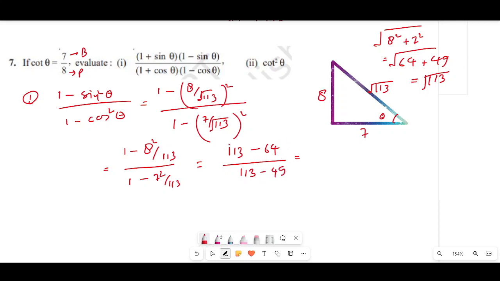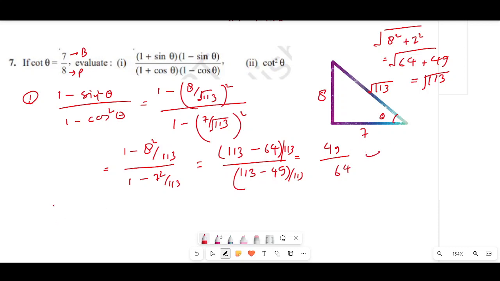Now here 113 and 113 will cancel out. Now what is the subtraction? Because 64 and 49 make 113, so here 49 will come and here 64 will come, so 49 by 64. Clear? That is the answer for this.